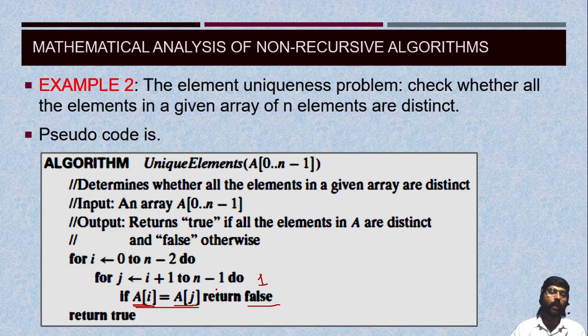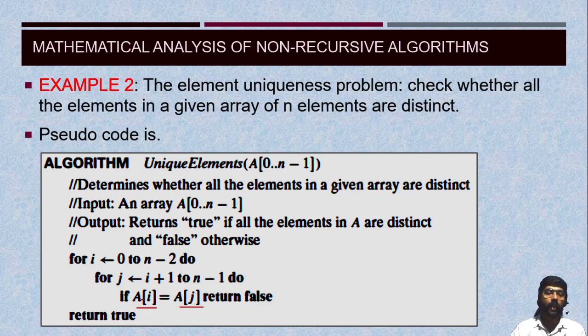Now, what is the worst case of this algorithm? Whenever a of i and a of j are the last two elements of the array, it will take more number of loops here.